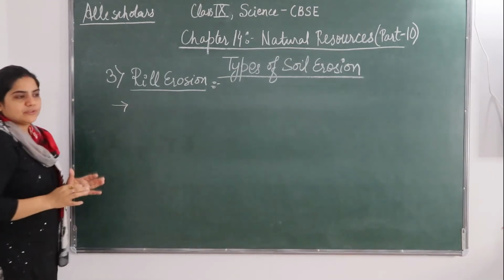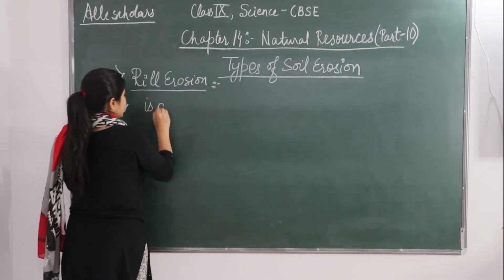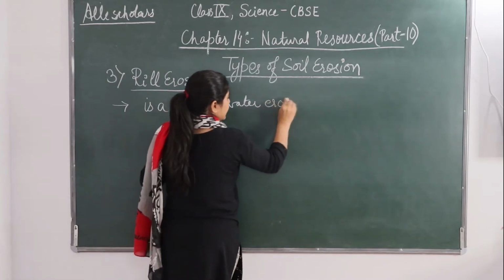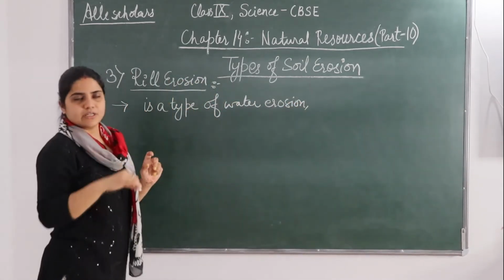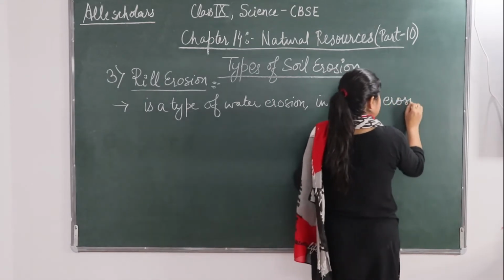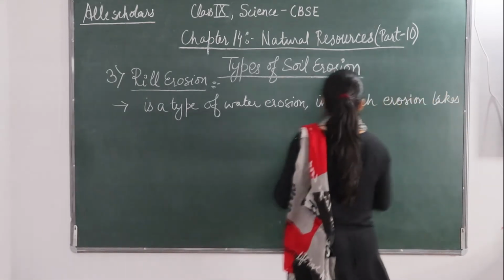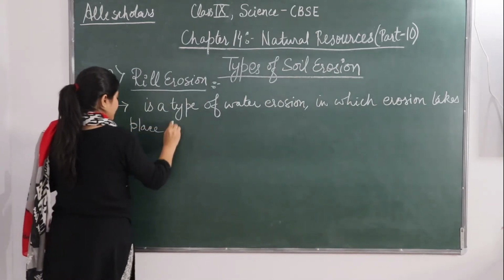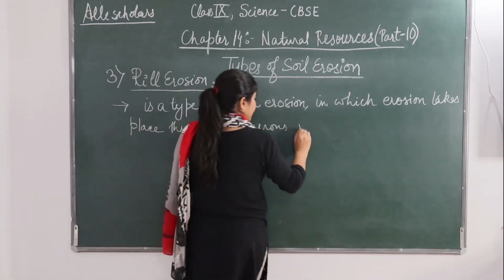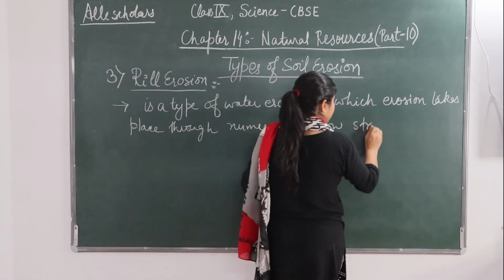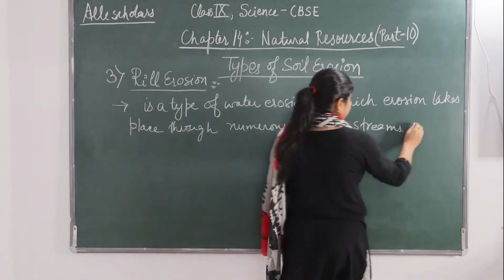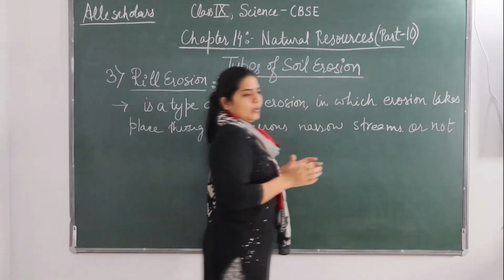So rill erosion is a type of water erosion in which erosion takes place through numerous narrow streams, or not so straight channels.